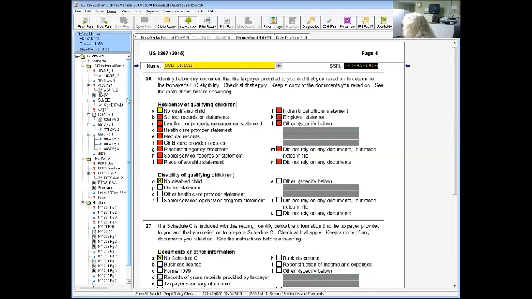Right. But like the placement agency or social service records, that could be. Well, the thing is, it's got to match mom and dad's address. So if the child is at that address, it's going to match mom and dad's address.